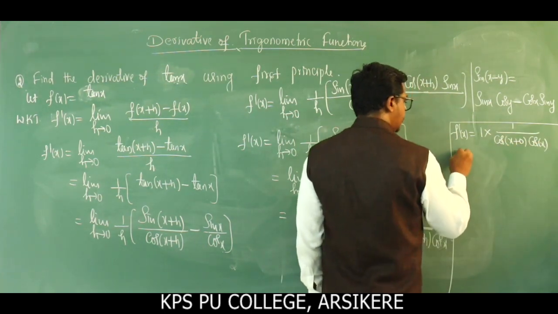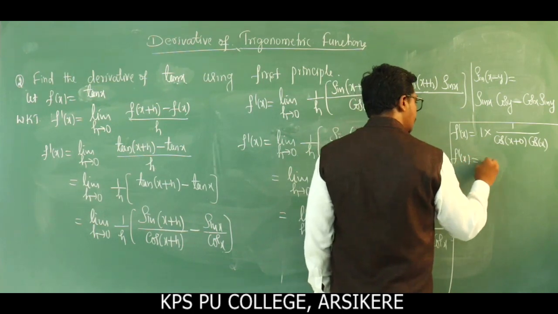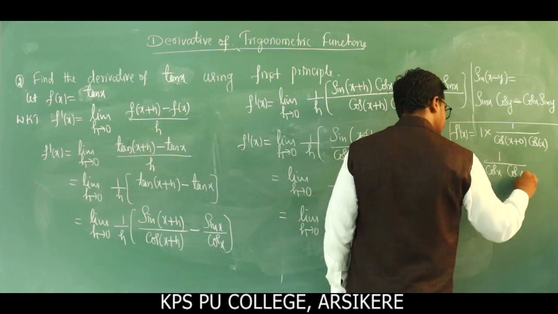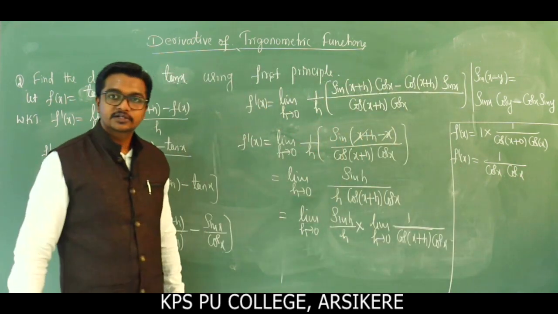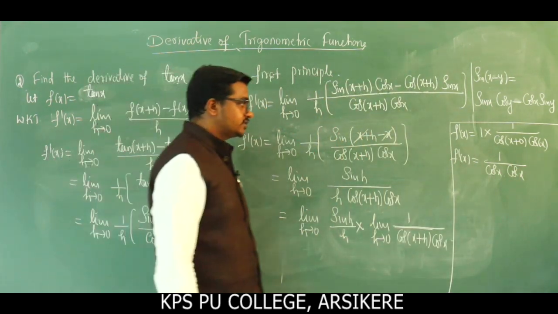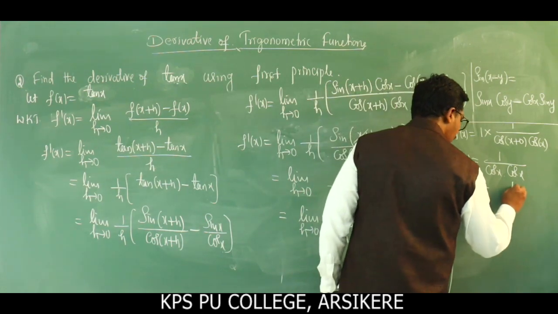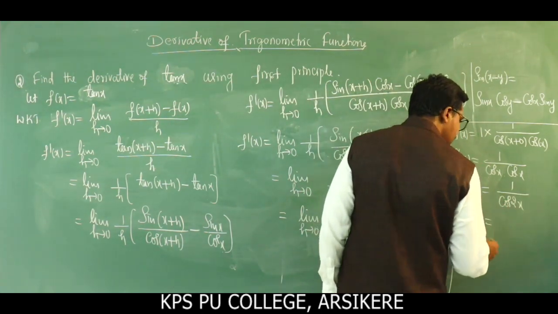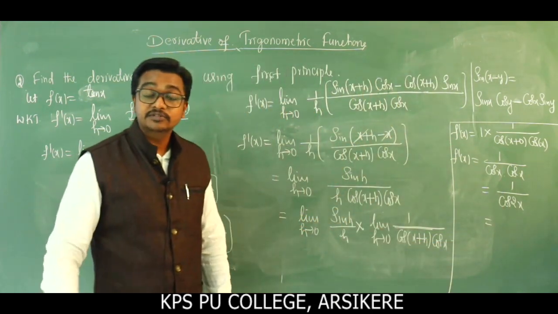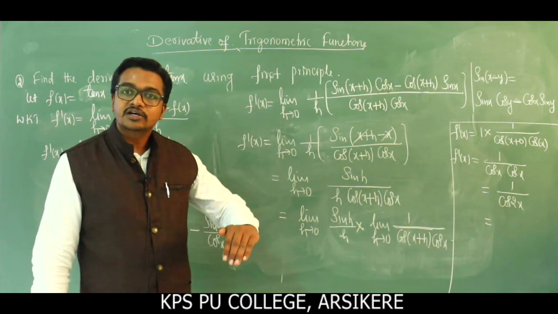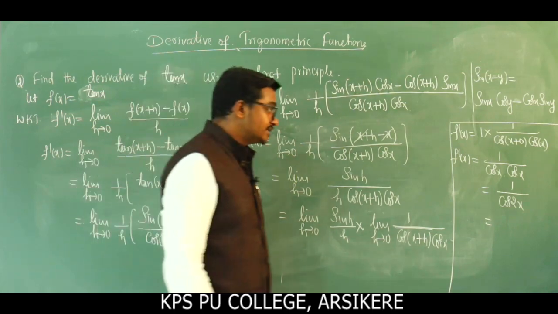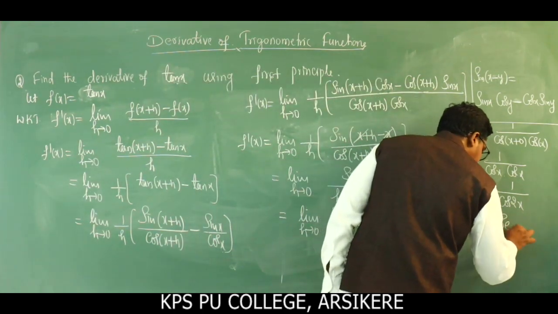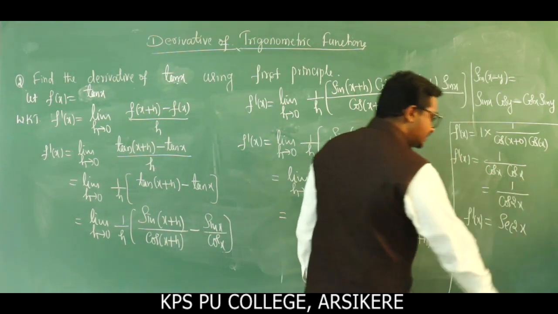So f dash of x is equal to 1 divided by cos x into cos x, which is cos square x. When cos square goes to the numerator, it becomes sec square x. Therefore, f dash of x is equal to sec square of x.